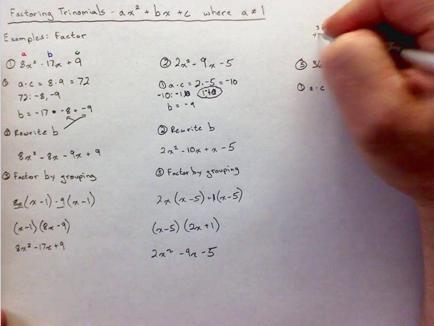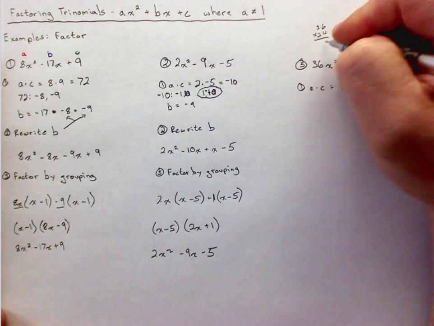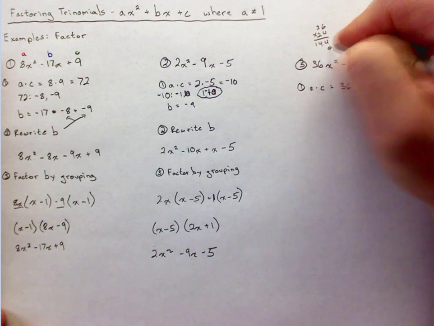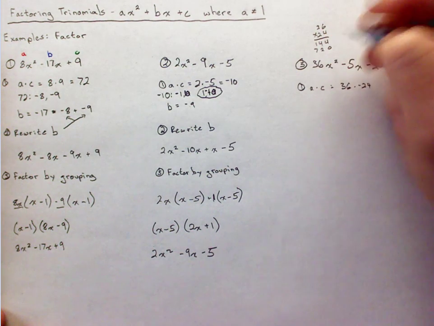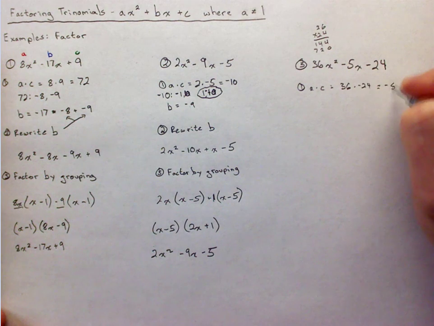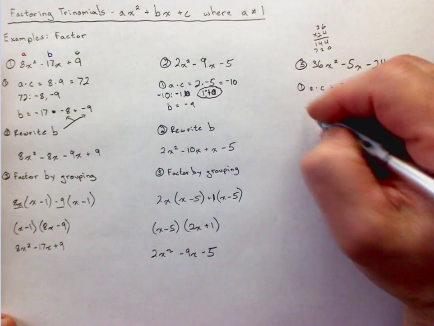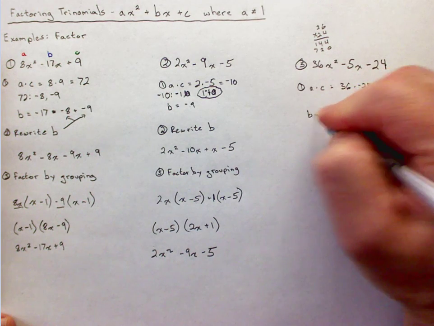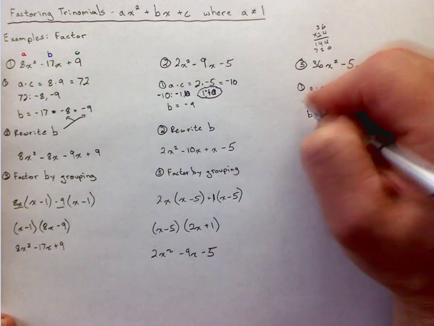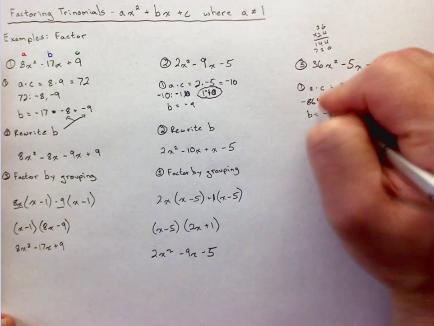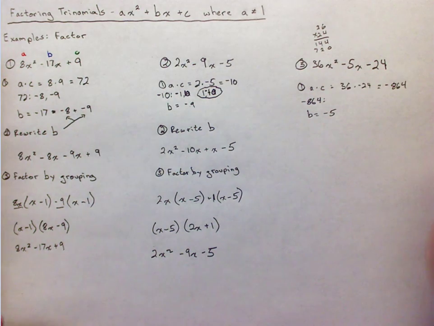Okay, so 36 times 24 is 864. A negative 864. And what I need it to equal, B, is a negative 5. So I have to find the factors of a negative 864.